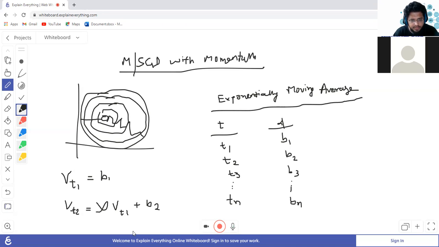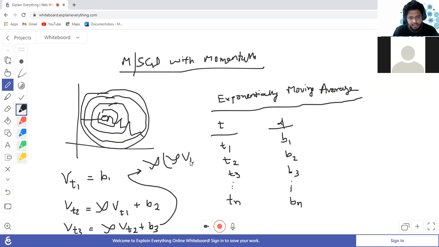Similarly, v of t3 is some gamma of v of t2 plus b3. Now, if I open this one, what happens? Gamma v of t2 is equal to gamma of b1 plus b2, plus b3.